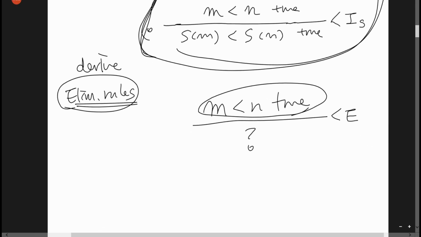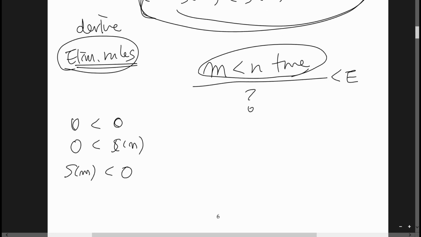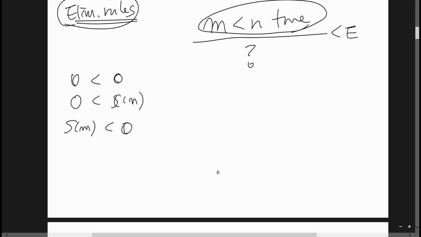So again, let's consider four cases: 0 less than 0, and 0 less than successor of n, and successor m is less than 0. And finally, we have successor m is less than successor n.